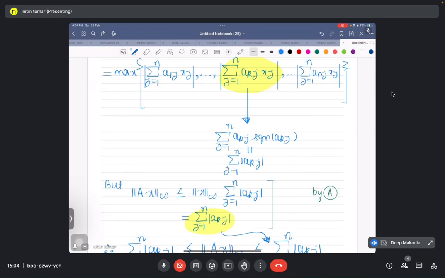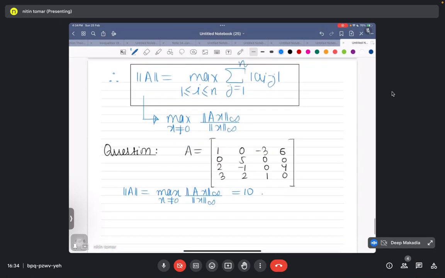Anyone can remember what the norm subordinate to the infinity norm is. It is not difficult to remember. This is very easy. You even told me the norm before I wrote the full question. Even a fifth-class student can tell this.